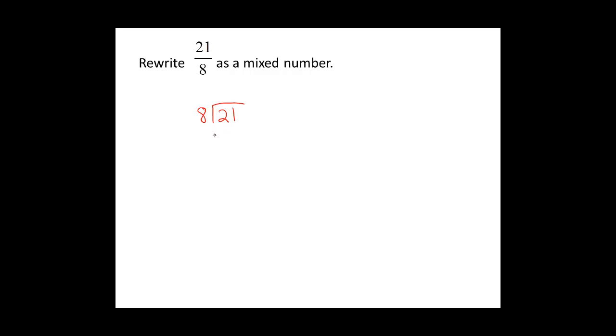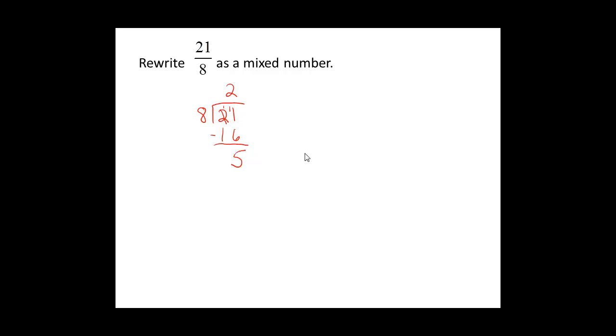Now we will perform long division. 8 divided into 21 goes in twice. 2 times 8 is 16. And now we will subtract. 11 minus 6 is equal to 5.